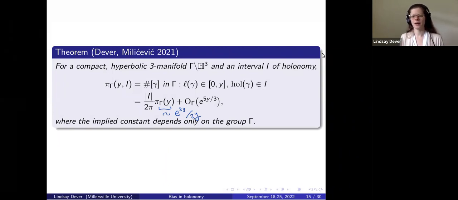And the nice thing about this is that the error term depends only on the group gamma. It doesn't depend at all on the choice of holonomy interval. So this allows us to choose our interval to be changing or even shrinking. I'll give an example of what I mean by that.